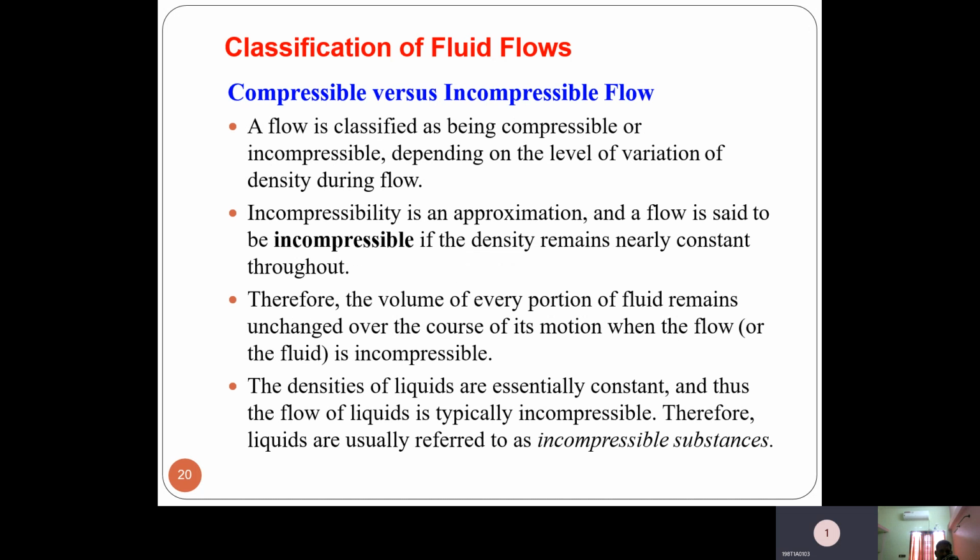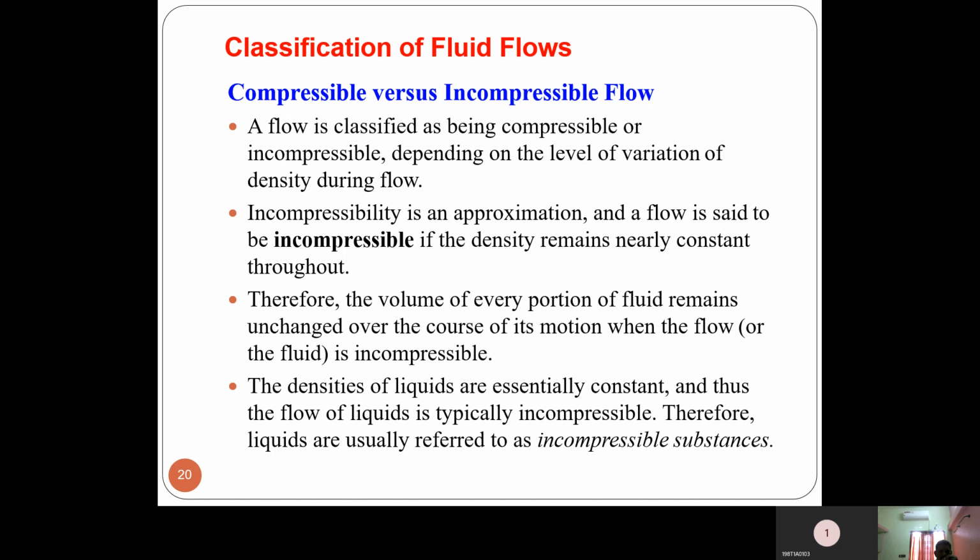Another classification of fluid flow: compressible flow and incompressible flow. A flow is classified as compressible or incompressible depending upon the level of variation of density during the flow.